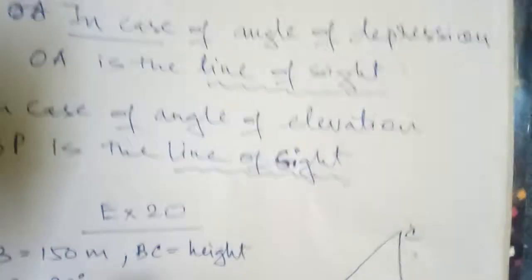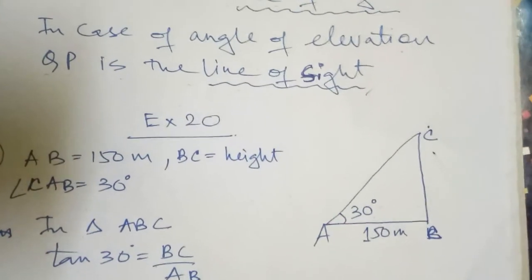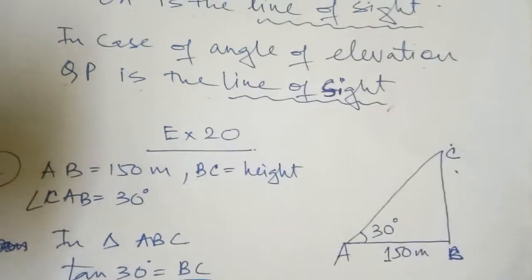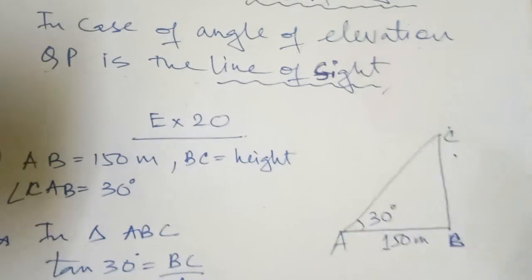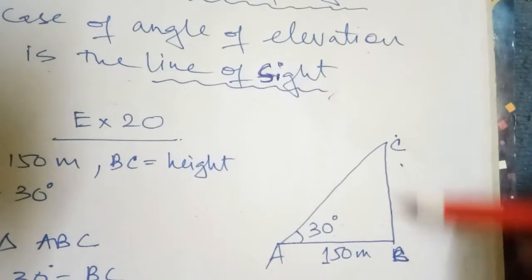See, while doing these sums, always keep in mind that there will be a right angle triangle forming. In the question it is given the angle of elevation of the top of a tower; BC is the tower.